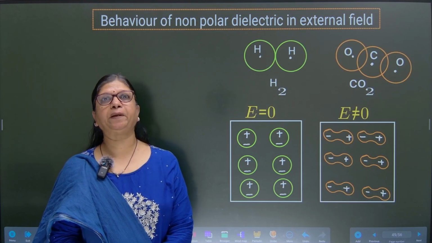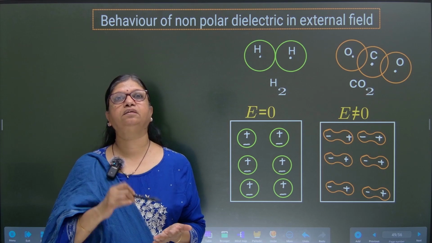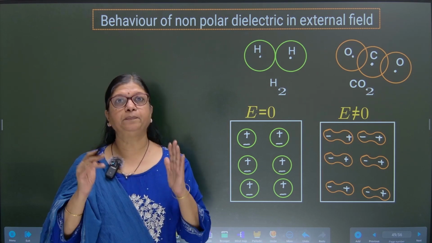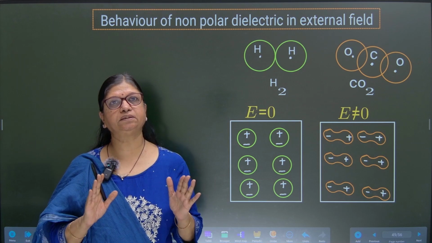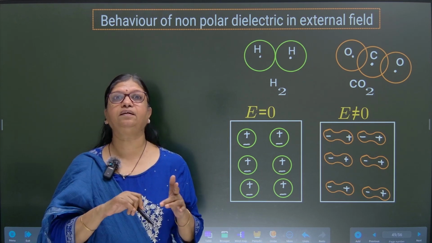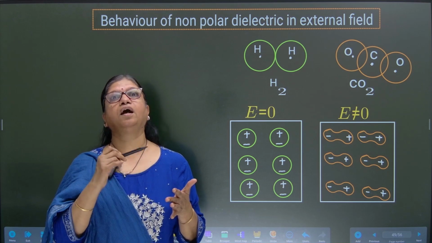In the previous page, we have seen that if we place a dielectric between the parallel plates of a capacitor, inside the dielectric there will be an electric field.